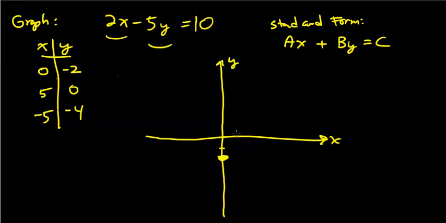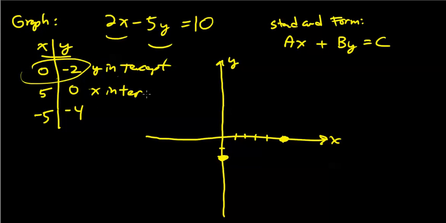When x is 5, y is 0. So I've got the y-intercept and the x-intercept respectively. Please notice this point here on the table I'm going to label as the y-intercept. When x is 0, the indicated coordinate is the y-intercept. Similarly, if y is 0, you're on the x-axis somewhere.